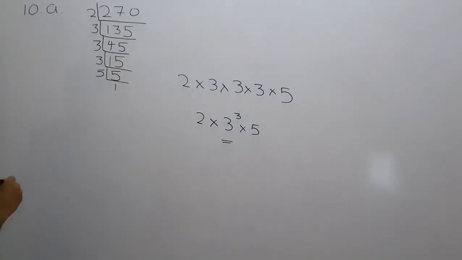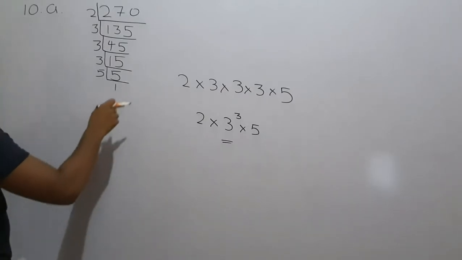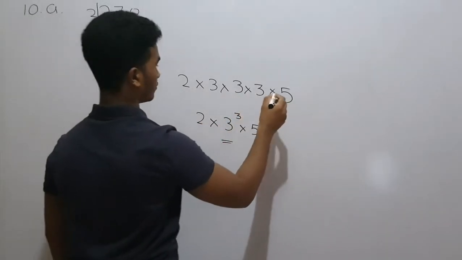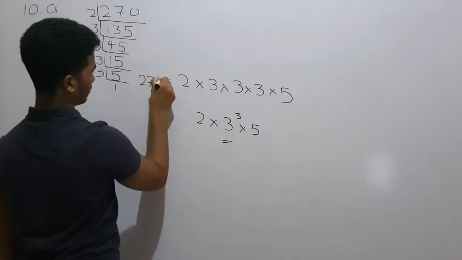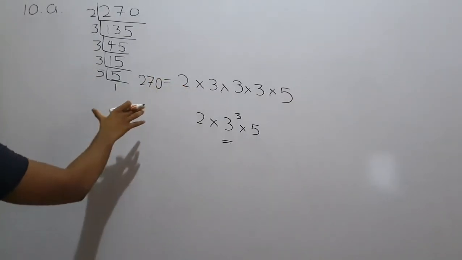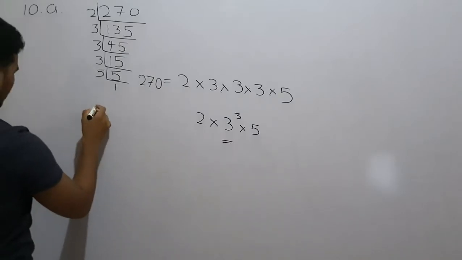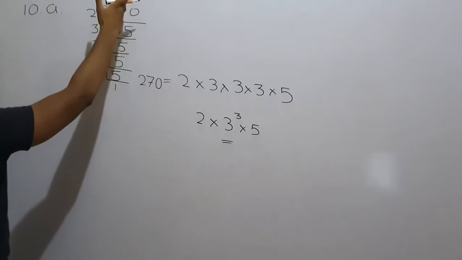Then part B, find the HCF of 270 and 225. So 270 we found. This is for 270. Similarly, we'll find the prime factors for 225 as well.